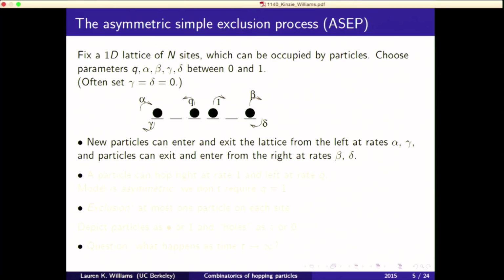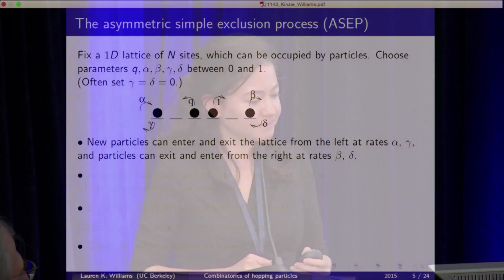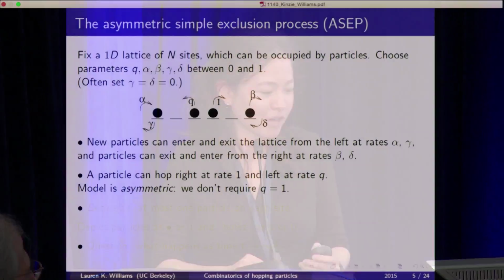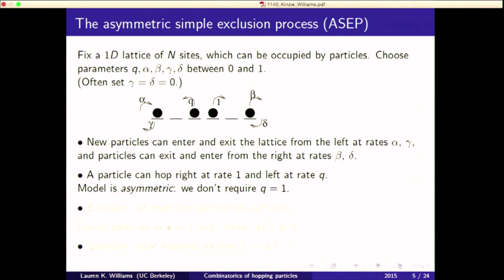So at the boundaries of the lattice, new particles can enter and exit the lattice from the left at rates alpha and gamma. Particles can exit and enter from the right at rates beta and delta. Of course, on a one-way street, one would hope that gamma and delta are 0, but let's allow ourselves the flexibility for the moment. Particles can hop right at rate 1 and left at rate q, and it's asymmetric in that we don't require q to be equal to 1.